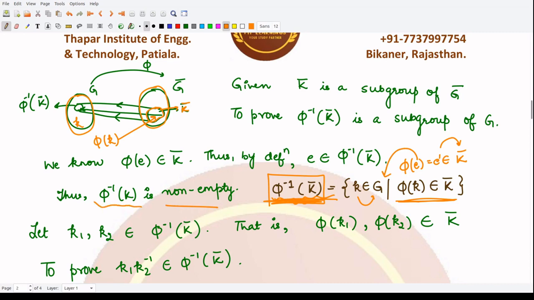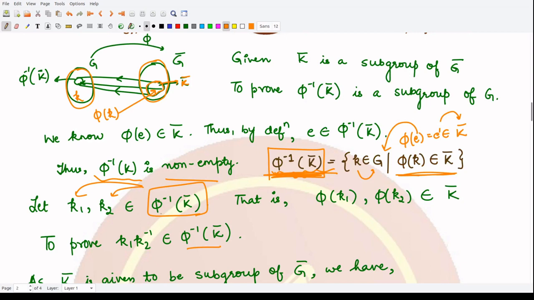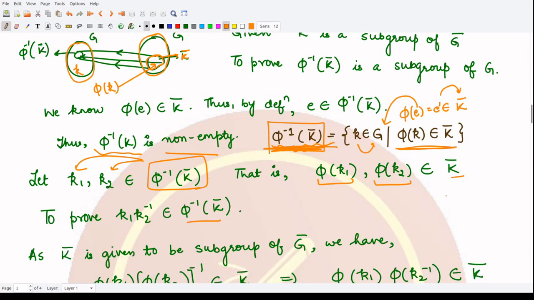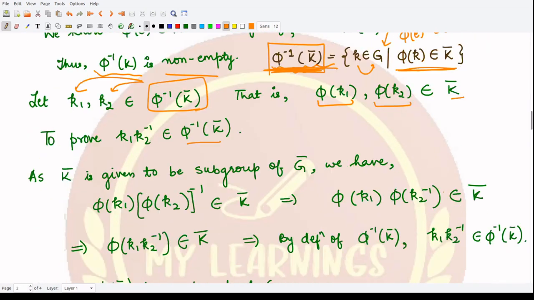This is one point. For the second point, when we want to prove this is a subgroup, we take two elements from it and prove that k1 k2 inverse is also present here. Now if you take k1 and k2 from phi inverse of K̄, it means that phi of k1 belongs to K̄ and phi of k2 belongs to K̄.